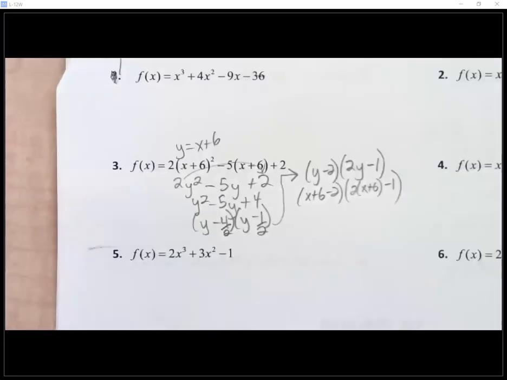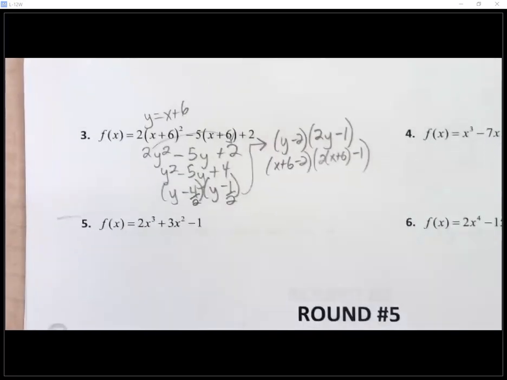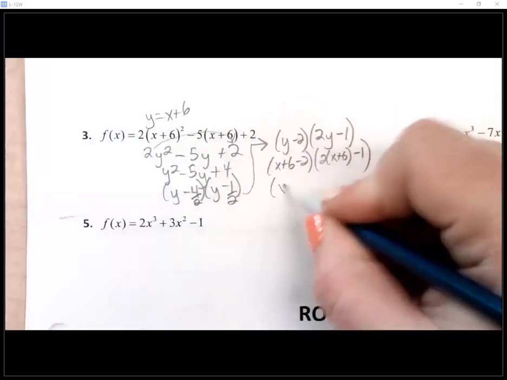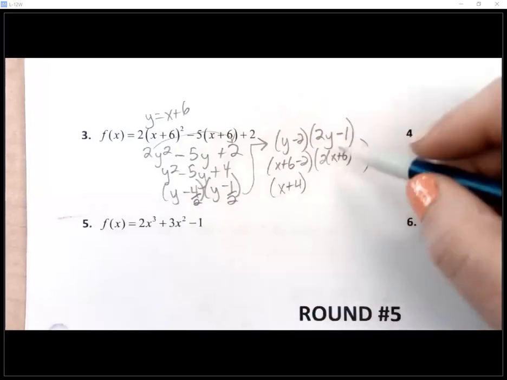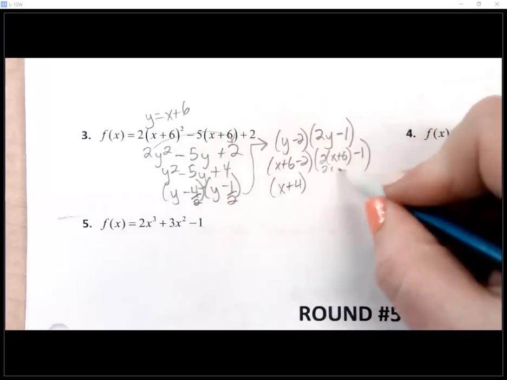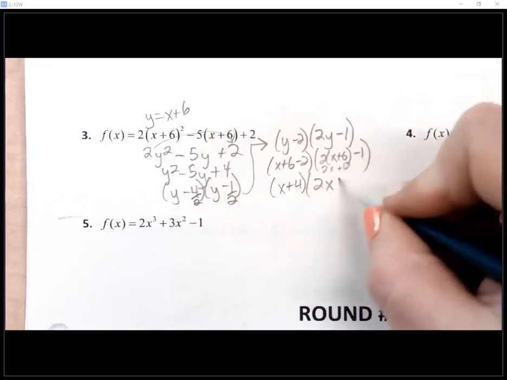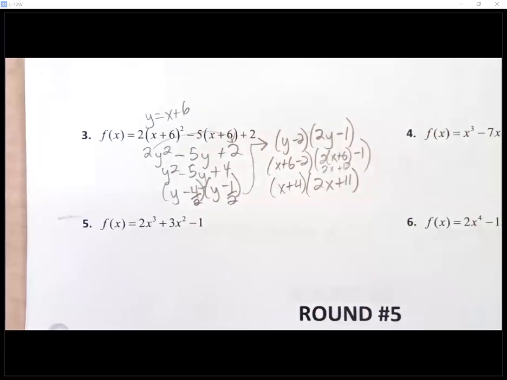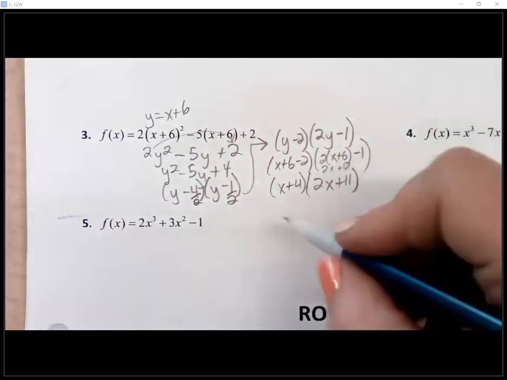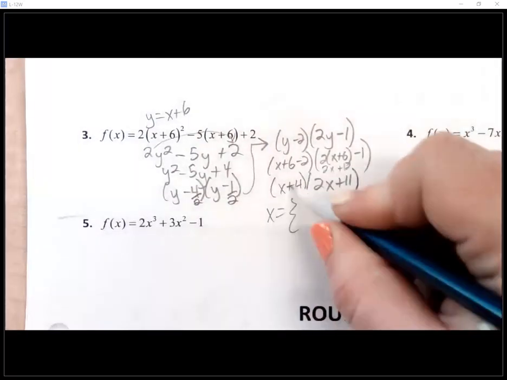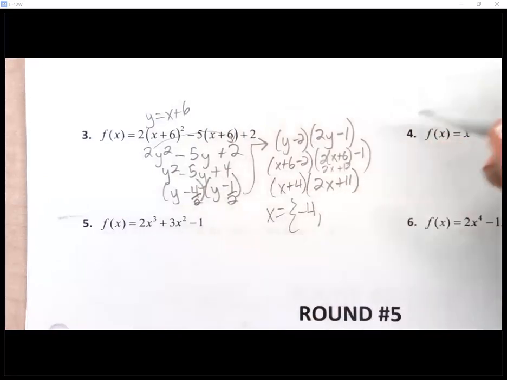So if I simplify, that's going to be x plus 4, and this will be 2x plus 12, but then I got that minus 1. So 2x plus 11, which means my zeros would be -4 and negative 11/2.